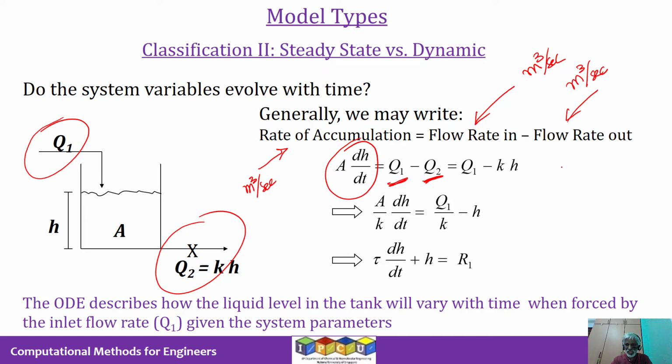So basically we will write the rate of change of volume of water in this tank equals the rate of flow in minus the rate of flow out. So in doing this, we are doing a material balance or a mass balance of water. Really what we are writing is the mass balance.